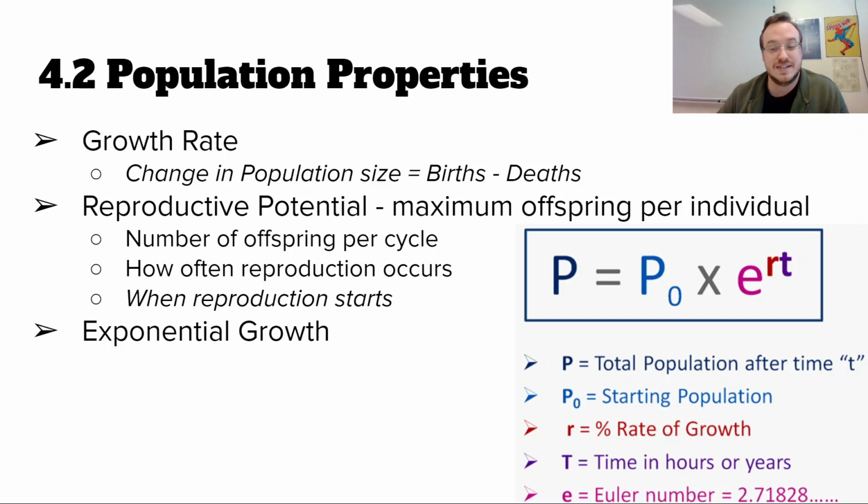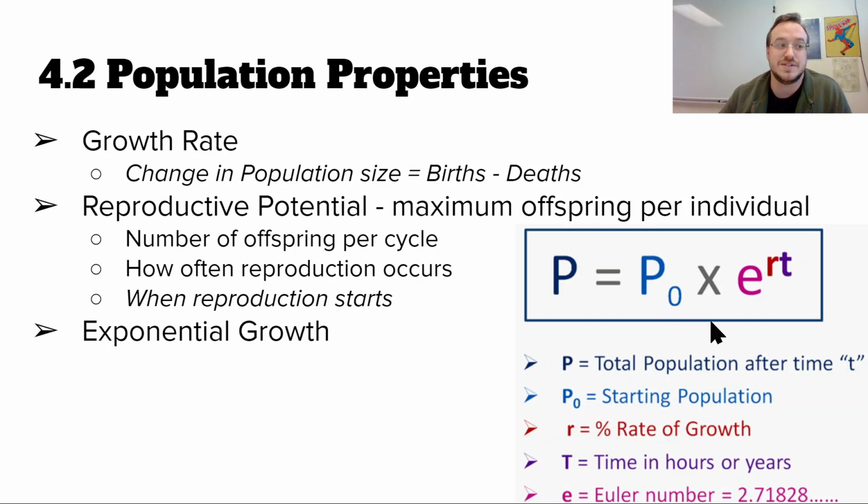And then T is the time in hours or years. So this just depends on the scale and how long you're given. And then we have a constant called Euler's number, which on your calculator you'll see is a little e. And it's 2.7182, yada, yada, yada. It keeps going. It is a constant, and it's used for a lot of different calculations. This one, it is the base.